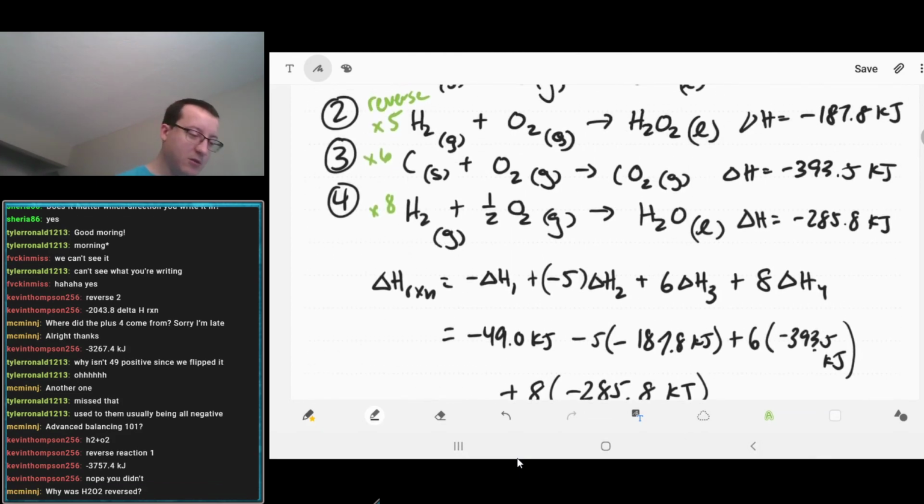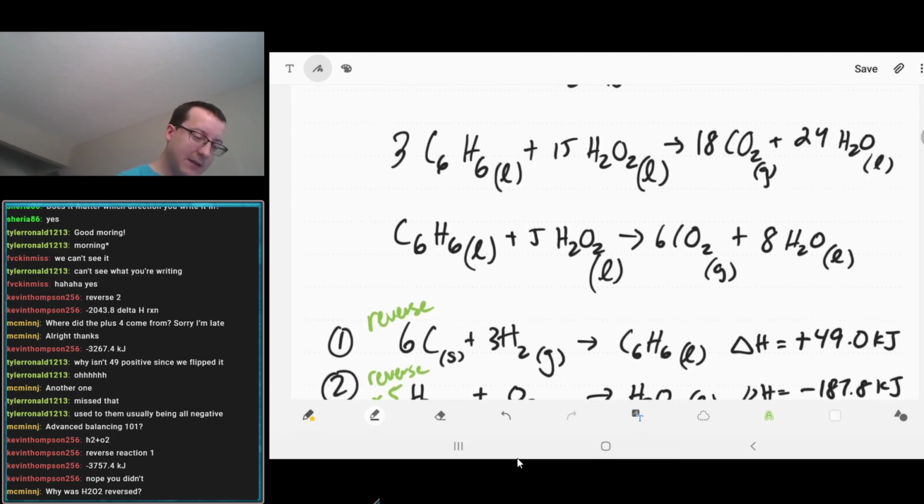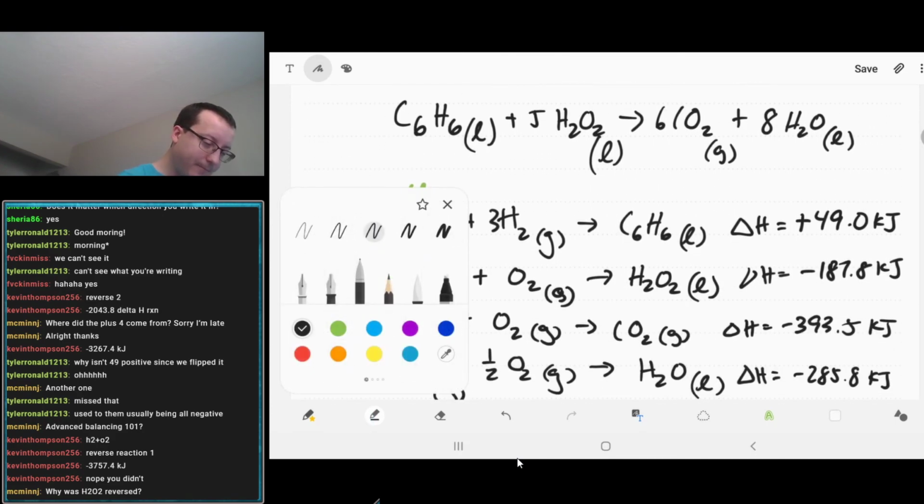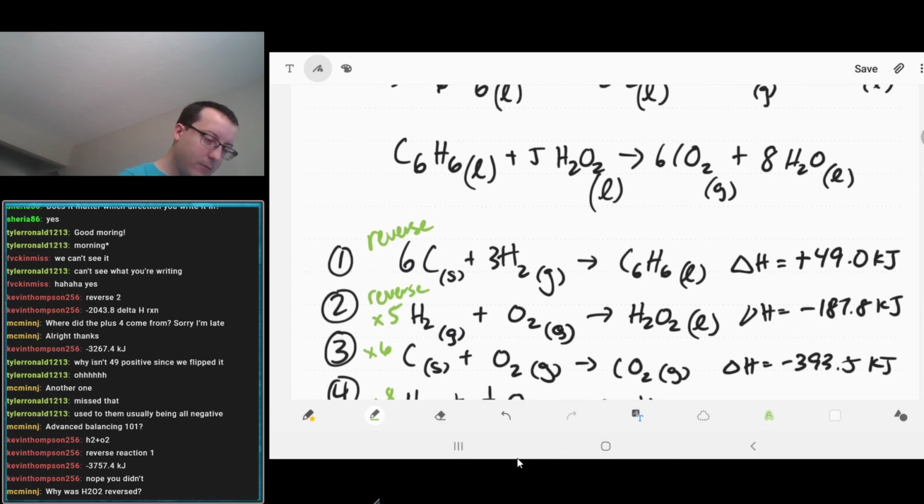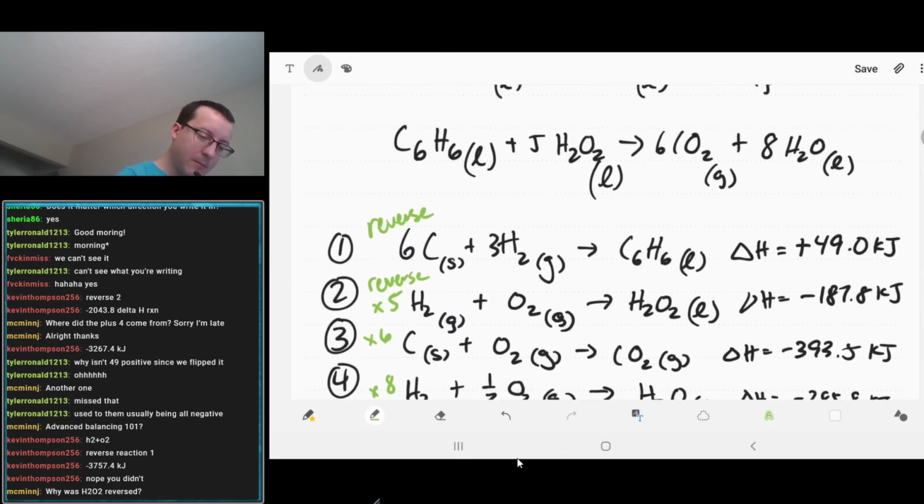Why was H2O2 reversed? Because it's a reactant. Remember, the whole point of doing these things is to make it so that we add up all the equations and we should get our overall reaction.